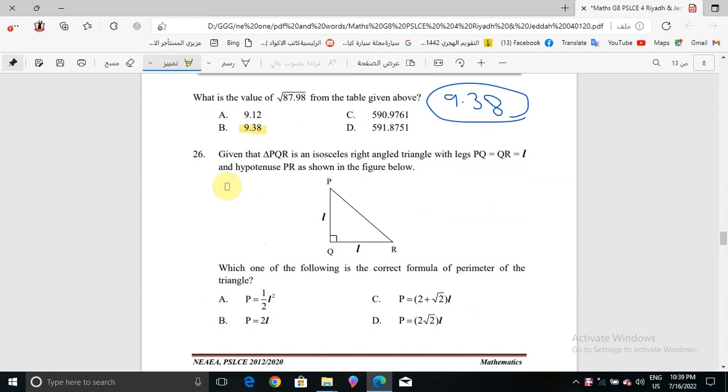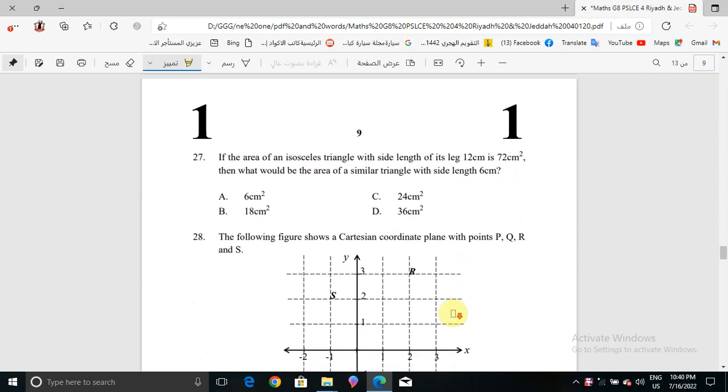Okay, now in question number 26, given the triangle PQR is an isosceles right angle triangle with legs PQ equal to QR equal to L and hypotenuse PR as shown in the figure below. It is asking which one of the following is the correct formula of the perimeter of the triangle. It will be P is equal to 2 plus radical 2 times L. Okay, now let's go for question number 27.